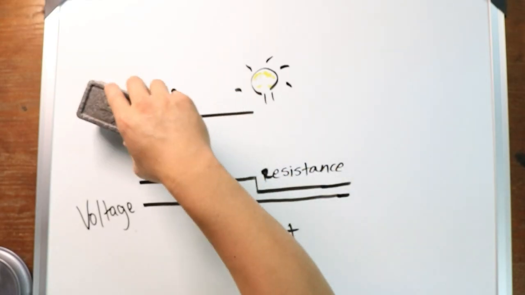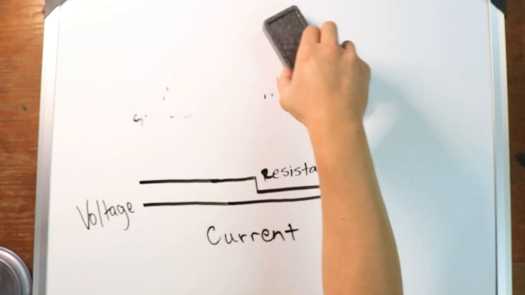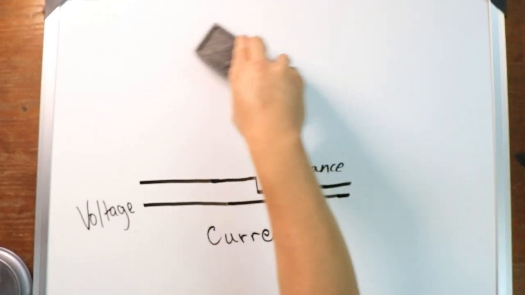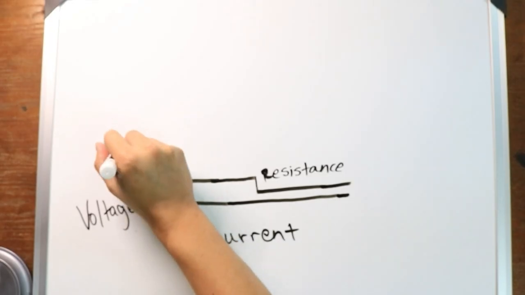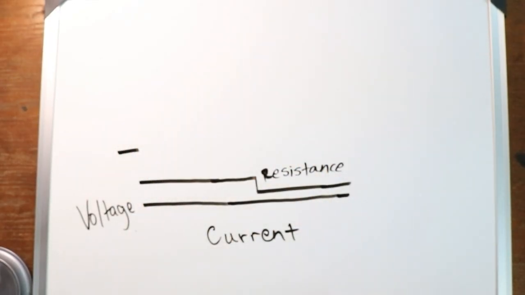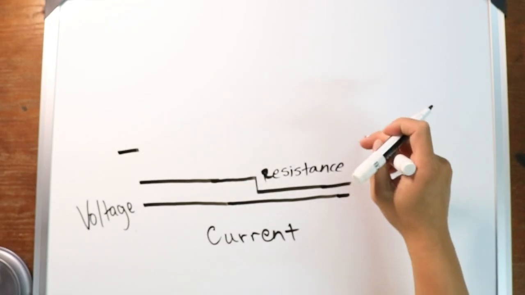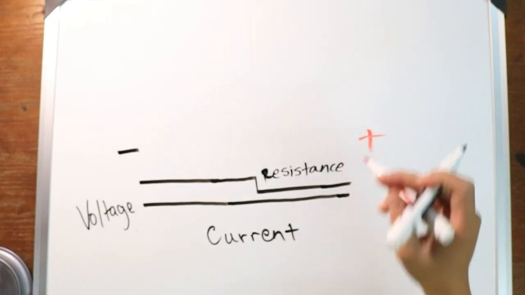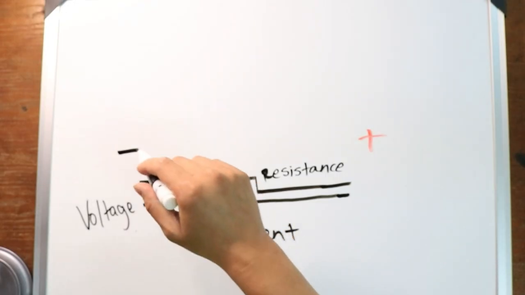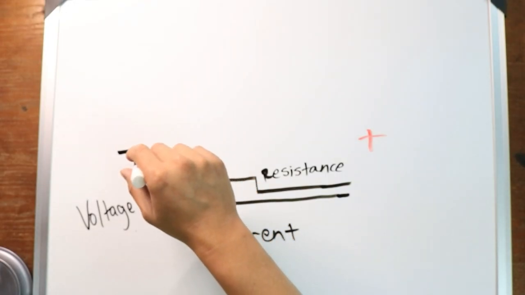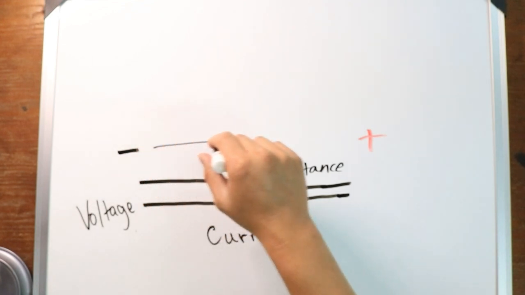So now let's get into how that works. In electricity, you're going to have a negative and a positive side. Okay? And at its very core, you have electrons that run from negative to positive.